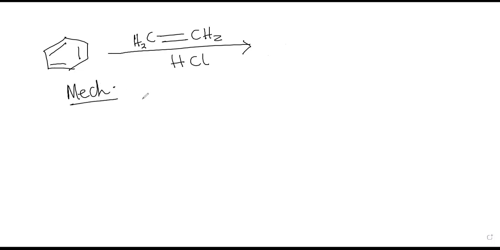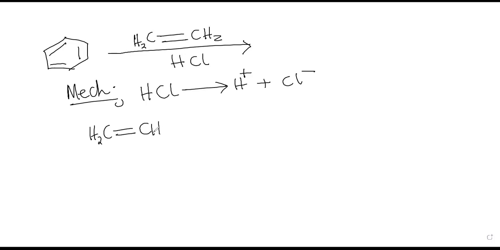So for the case of mechanism, first have HCl split into hydrogen ion and chloride ion. Now, because I'm not given a halogen carrier, I need to form an electrophile immediately. So I will have H2C, double bond CH2.